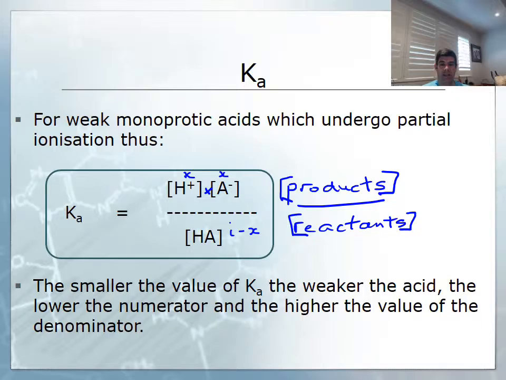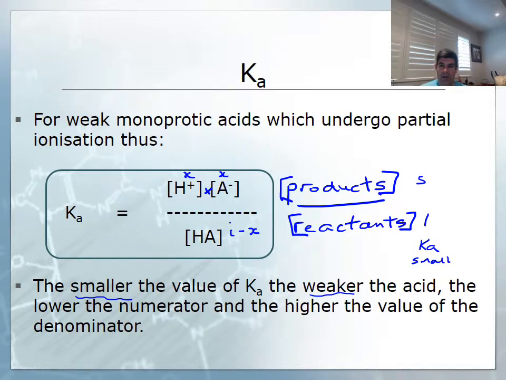What this means is that if the value of Ka is small, then it's a weak acid because the concentration of products will be small and therefore the reactants will be large. So this is a small Ka.